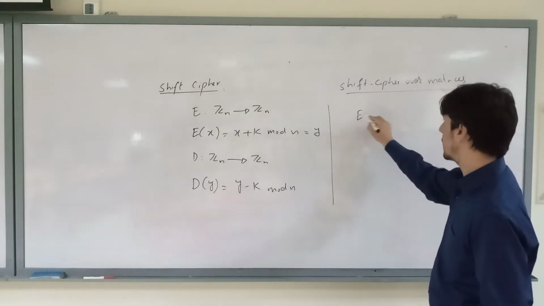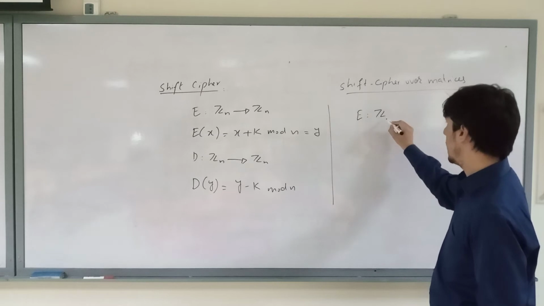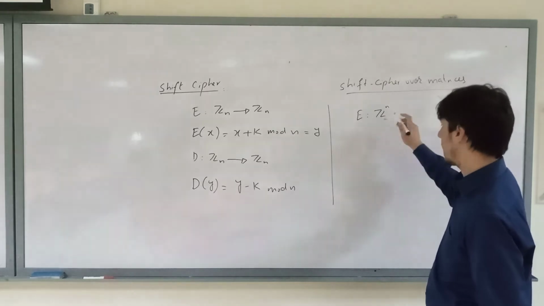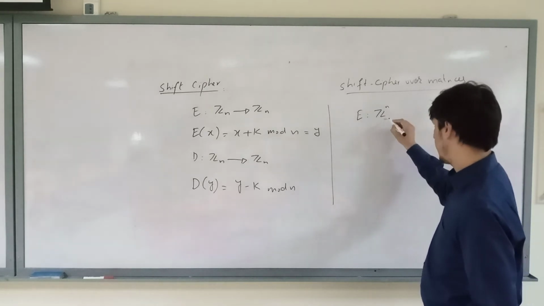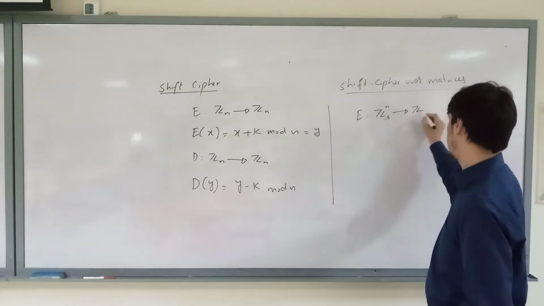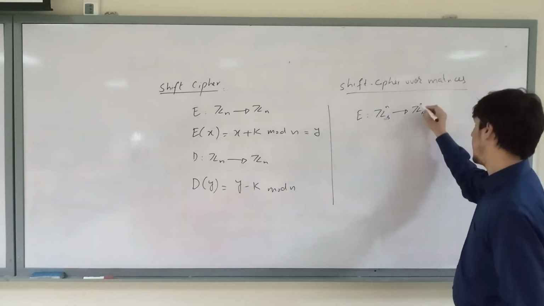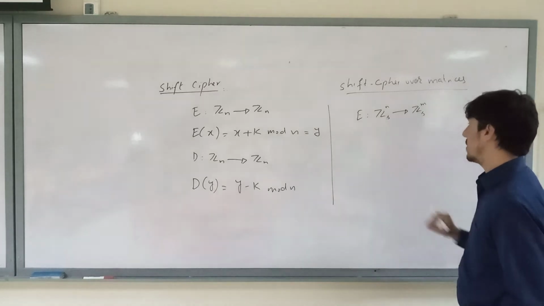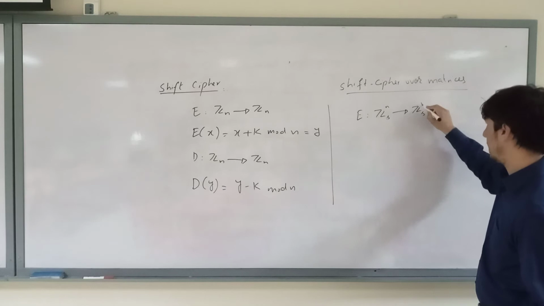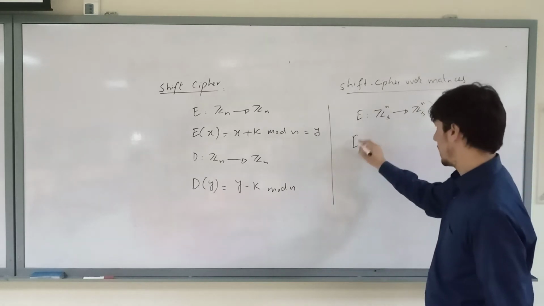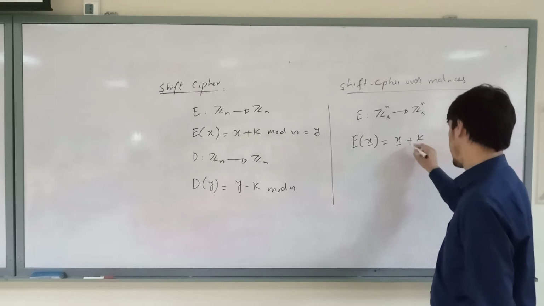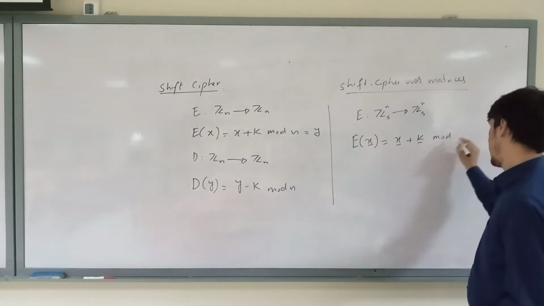Here the encryption function is from Z_s^n to Z_s^n, so that the encryption is x plus k mod s.